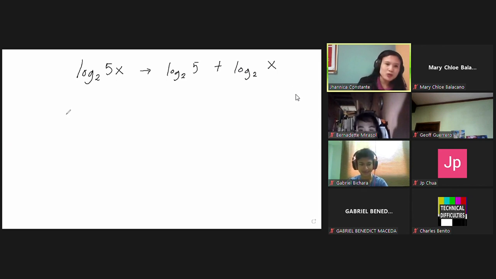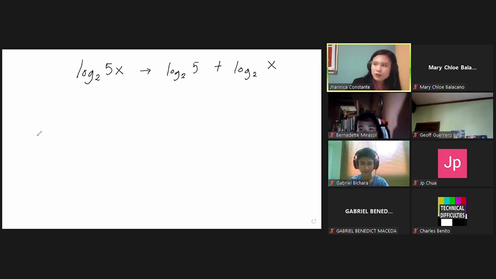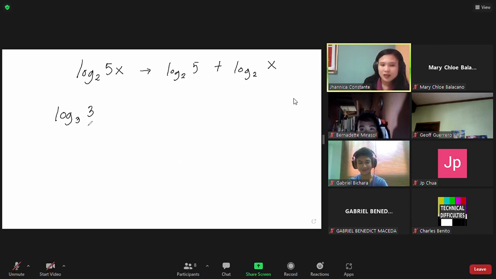And for the quotient rule, the same with the rule of exponent, when we are dividing, we subtract the exponents. The same concept applies to our logarithmic function. For example, we have log of 3 over 5.